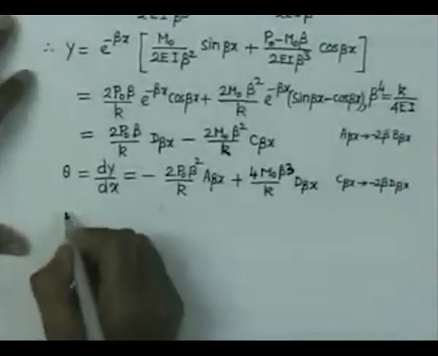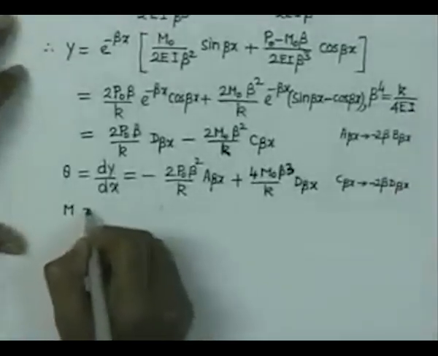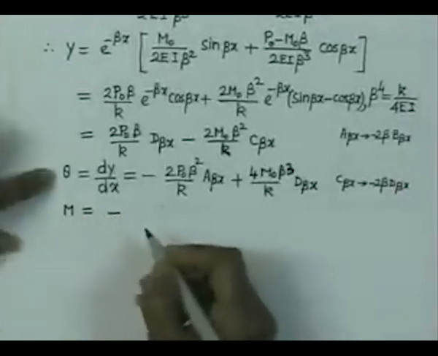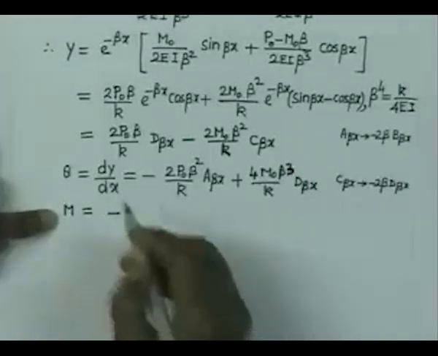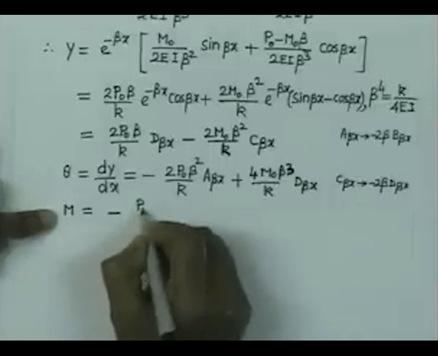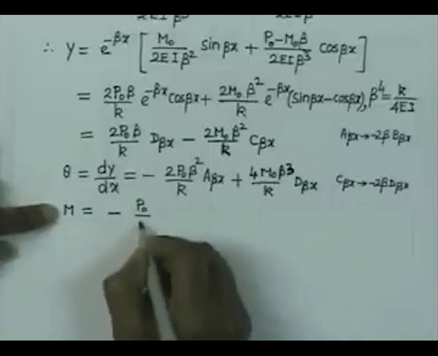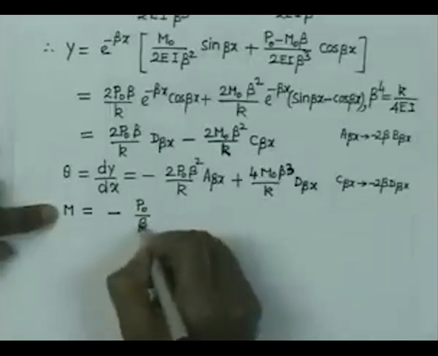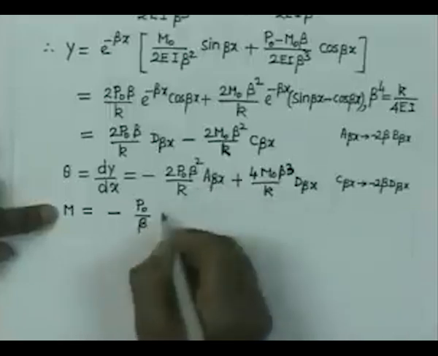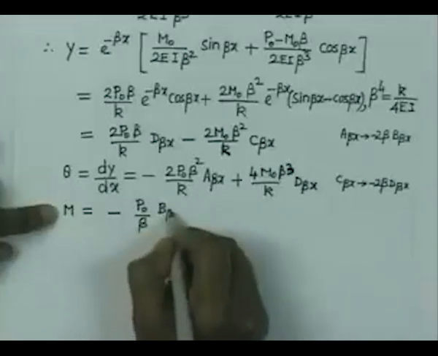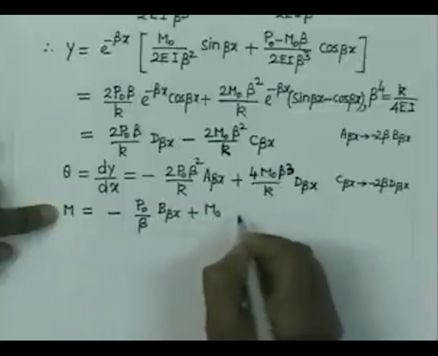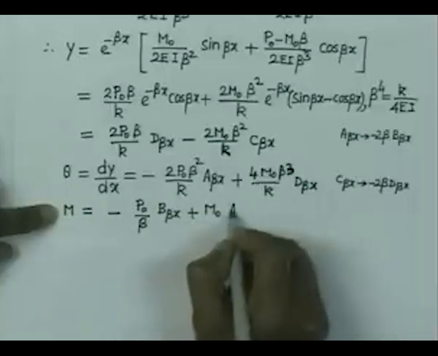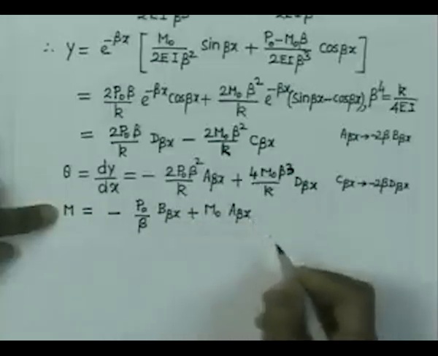Similarly, we can write now M. So, I can take now the double derivative and then write finally the expression for M. M is going to be P0 by beta, this A beta x on differentiation will become B beta x, plus M0 D beta x on differentiation will become A beta x.